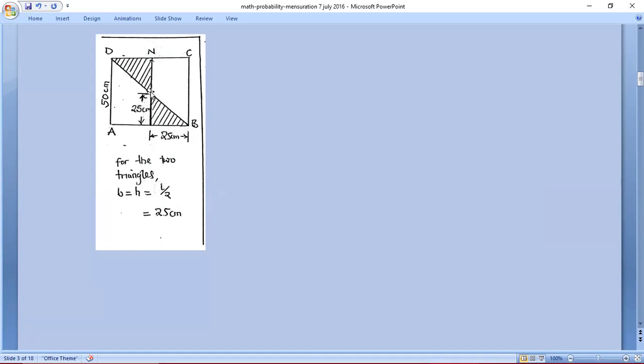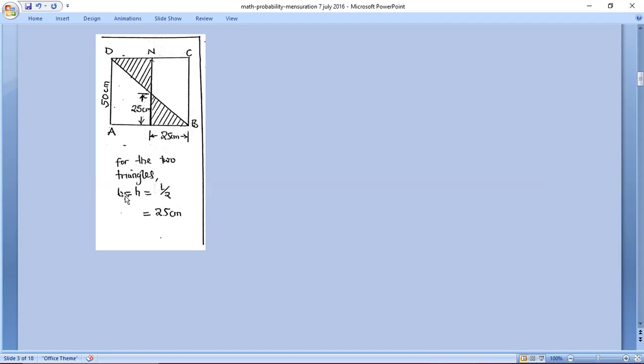As we've been told in the question, O is in the middle of this square, so this distance should be 25. Similarly, this distance from M to B should be 25 centimeters.